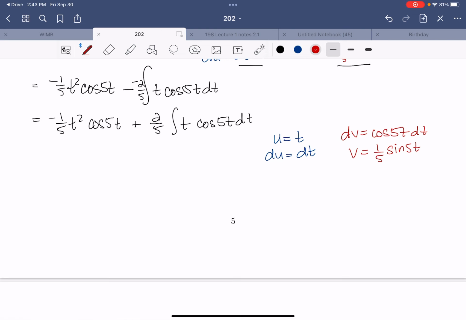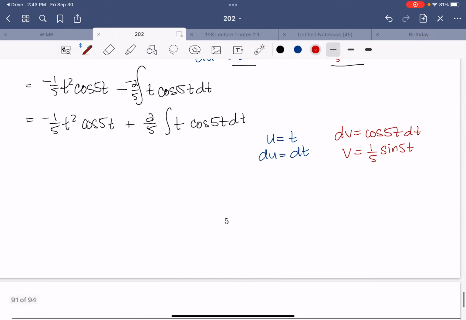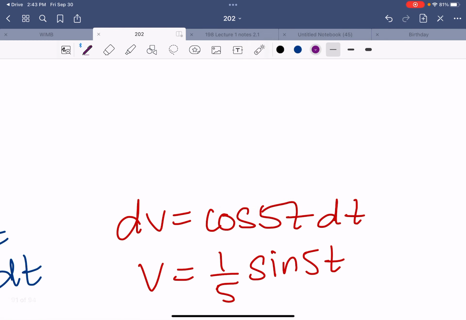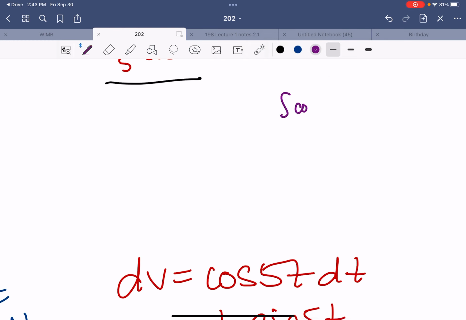Okay, so that's a baby u sub, which you should start to get used to doing without having to write everything out. If you've got to write everything out, it looks something like this. Right, you're taking the integral of cosine of 5t dt. Your u is the 5t, so you have du is 5 dt, or dt is 1/5 du.